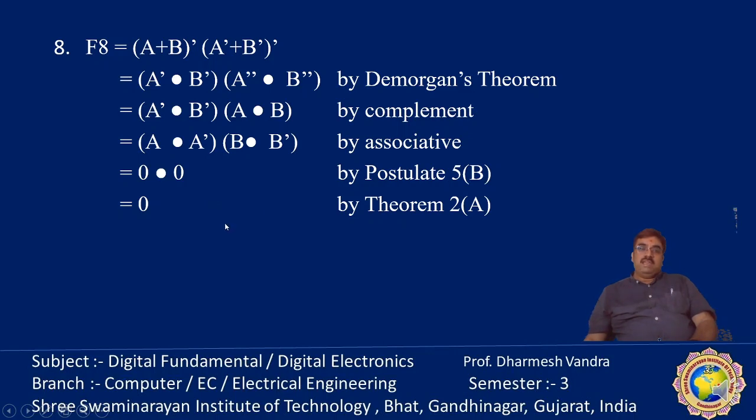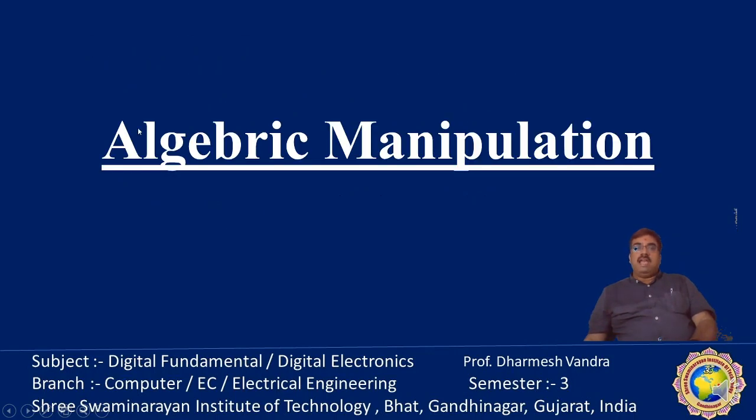So in this way, we understood that algebraic manipulation is useful to simplify the function in terms of literals. And if we reduce the literals, actually we are reducing the number of gates to design the circuit. The functionality remains the same, the output remains the same, but if we minimize with the help of algebraic manipulation, we are reducing the number of gates.